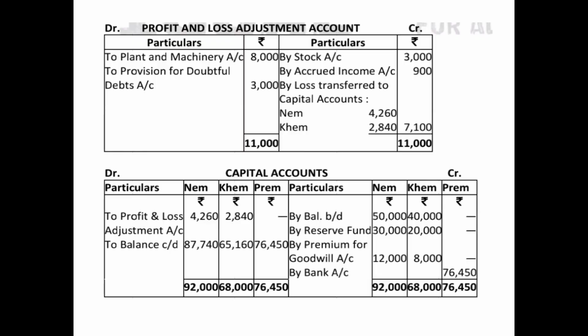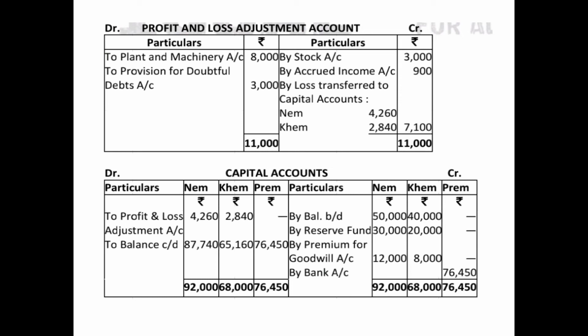The first part, as you can see, is profit and loss adjustment account, or we can say revaluation account. On the credit side we have shown by stock, that is the increase in stock by rupees 3,000. Then by accrued income, this is recording of an unrecorded asset, 900. On the debit side, we have shown to plant and machinery, that is the reduction of 10%, 8,000.